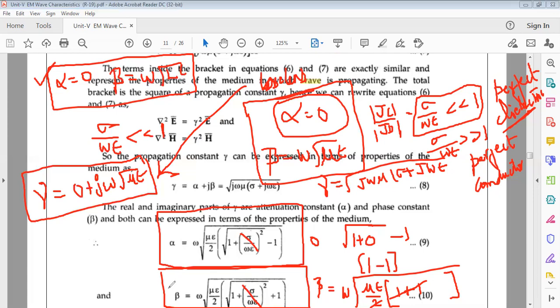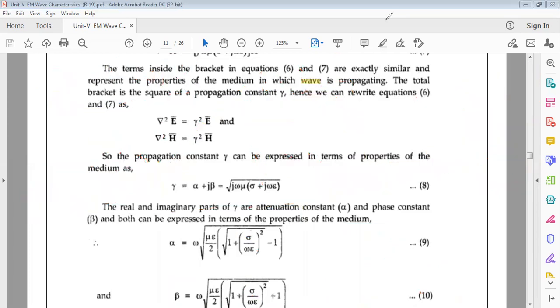There is no conductivity or dielectric. Okay, my dear friends, how did we get the alpha and the beta actually? We already found that lossless means alpha is equal to 0.